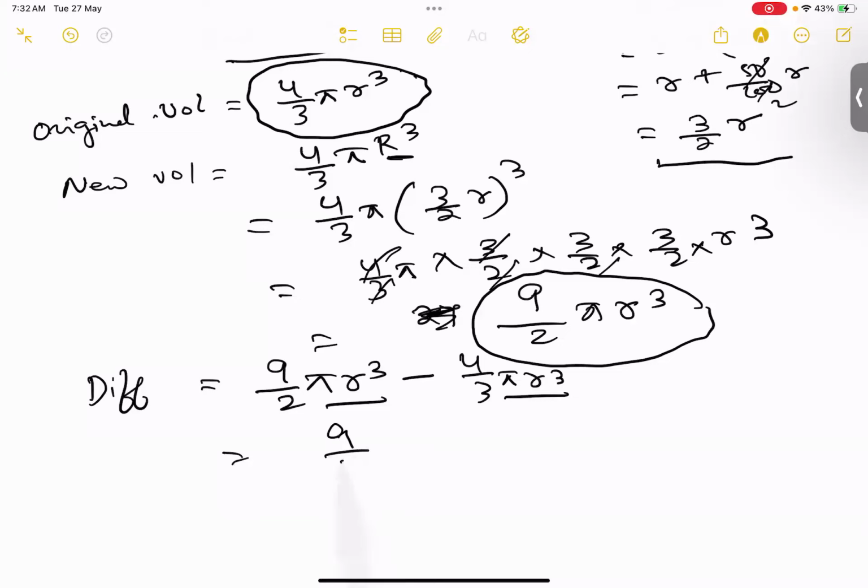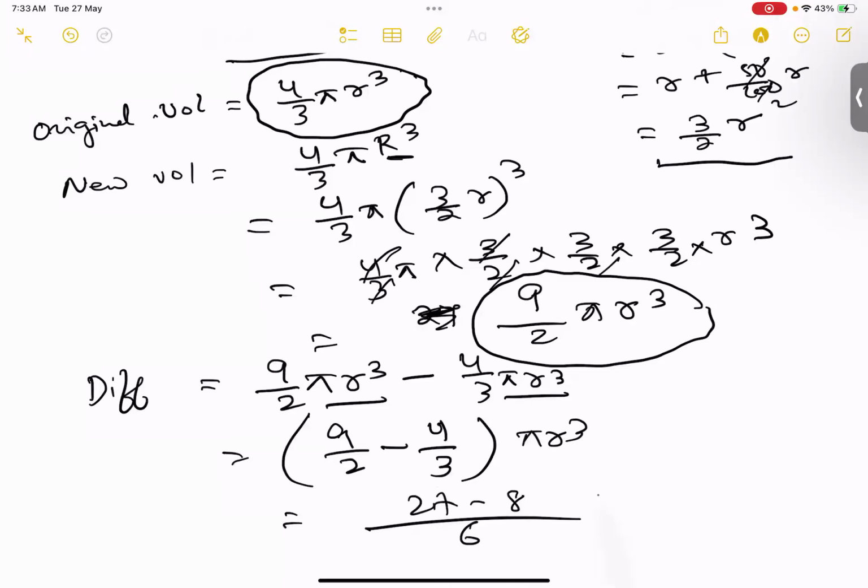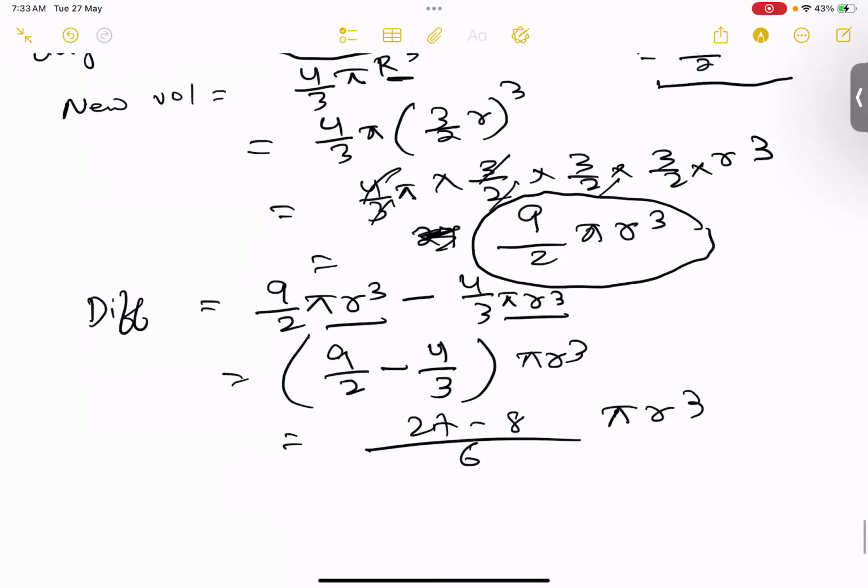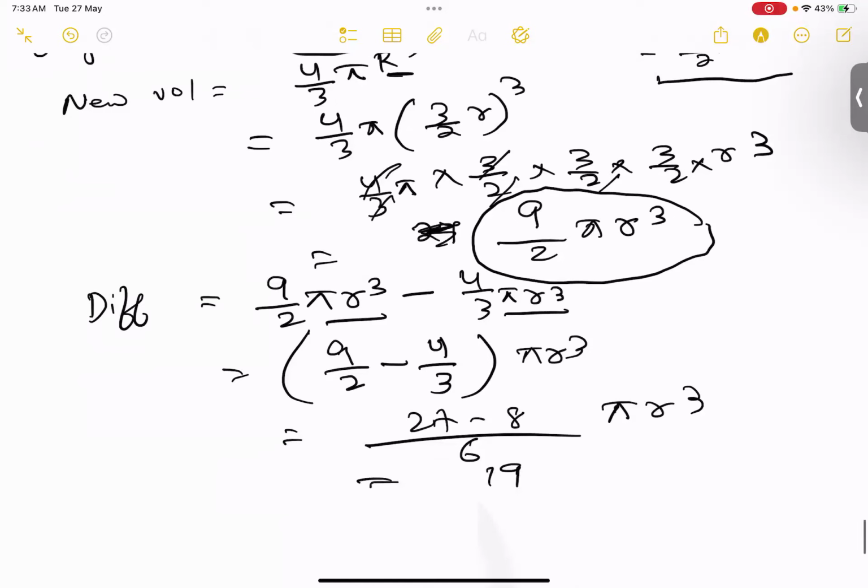So we'll put it outside the bracket. 9 by 2 minus 4 by 3 by r cube. So 27 minus 8 by r cube is equal to 19 by 6 by r cube. So this is the difference, okay?